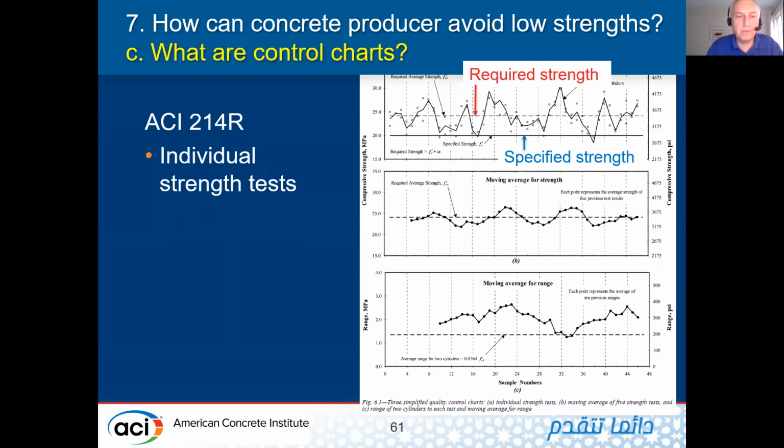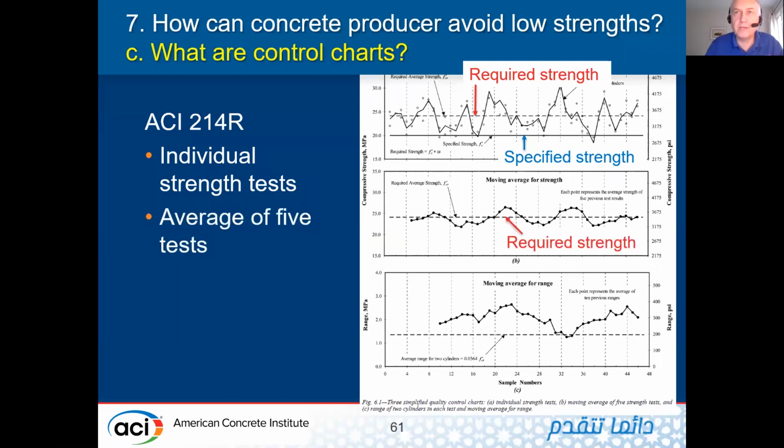It's really up to the ingenuity of the people in charge at the ready-mix plant. But these charts are very useful because once you make a mistake, probably you will never repeat it. So that's why the control charts are very useful.